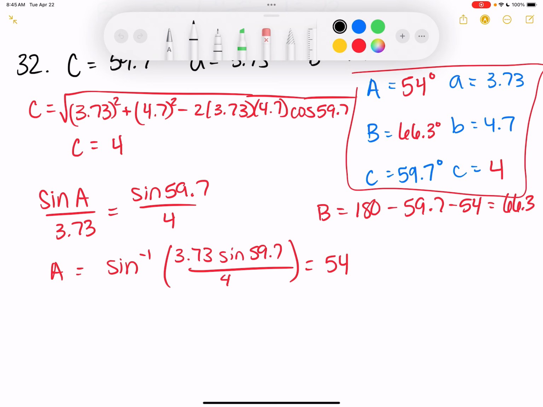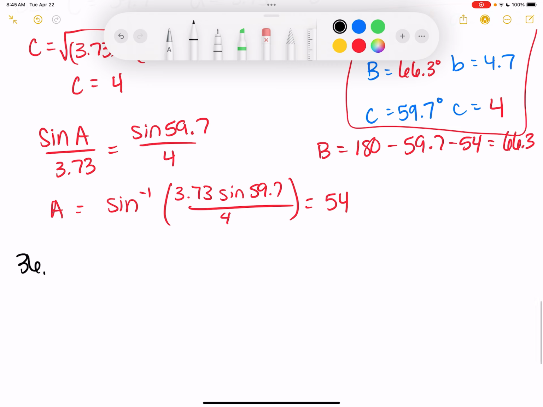Let's see, 36. So again, still solving the triangle. They give us side A is 4, side B is 5, and side C is 8. They are technically given to you as 4.0, 5.0, 8.0, but we don't need to write the 0. We can just have the whole numbers there.